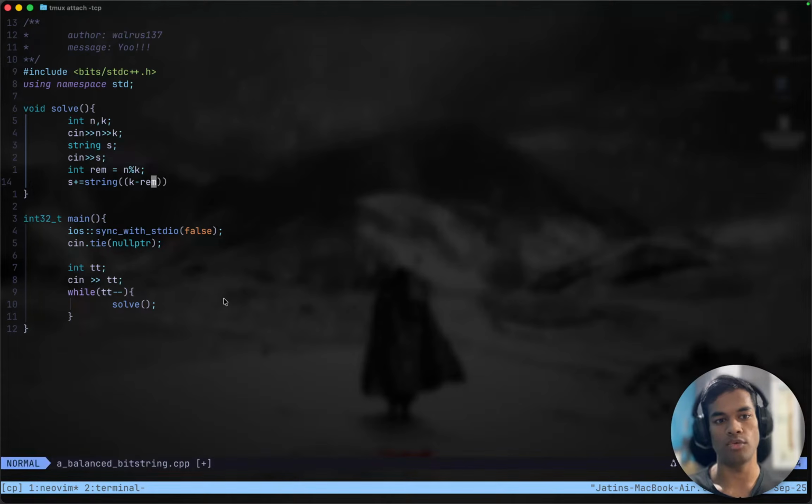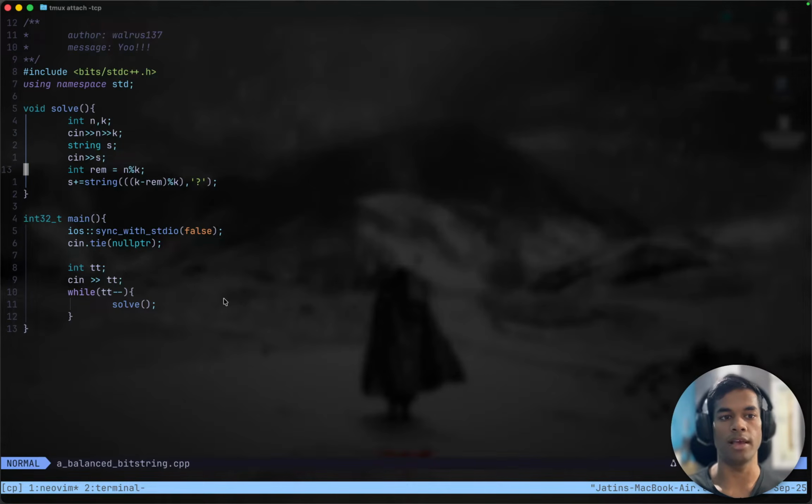If rem is equal to 0, then we take remainder by k, so k minus 0, remainder k, would still be 0, and we won't be adding anything, and we want to add question marks. If rem is k minus 1, then we will add one question mark at the end so that n is completely divisible by k.